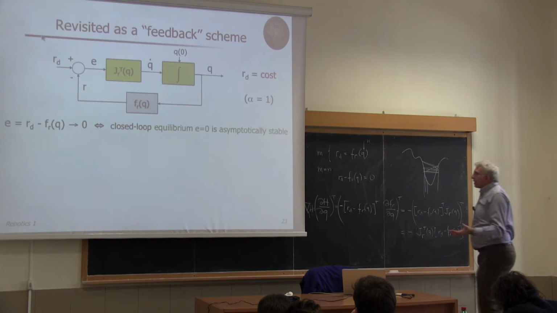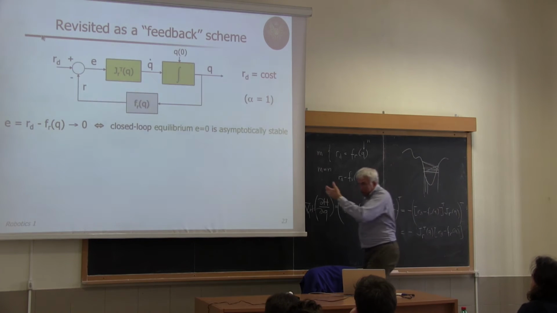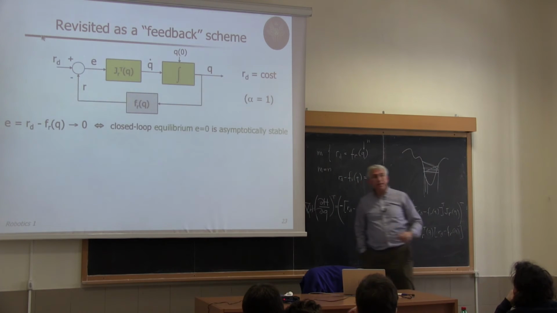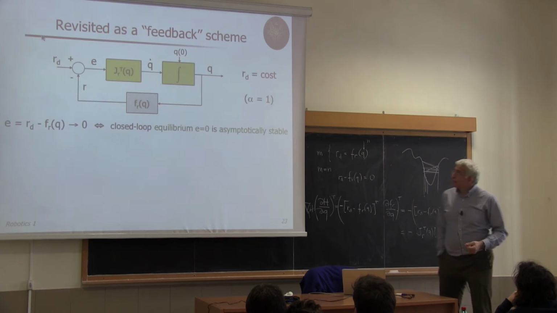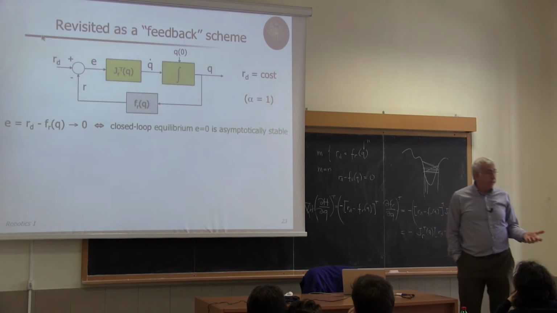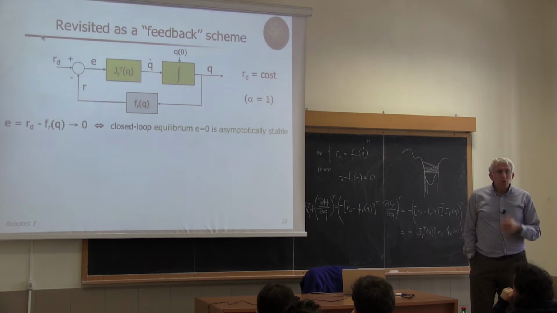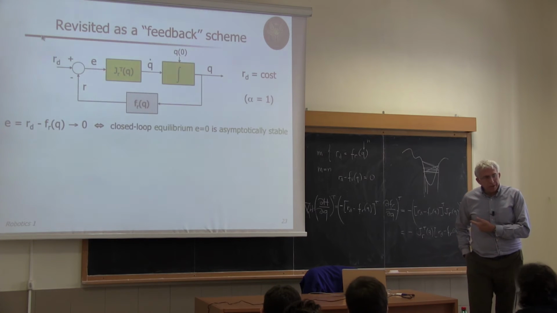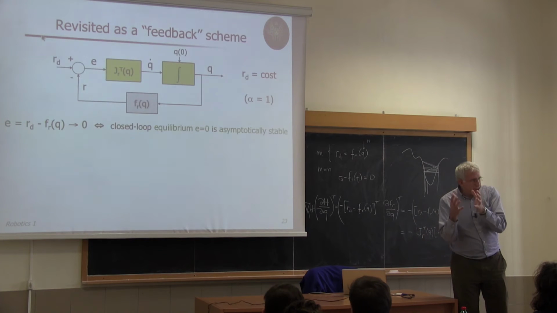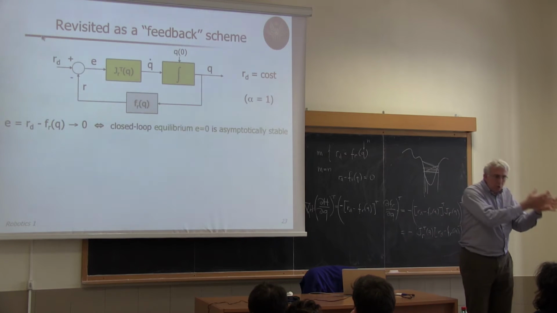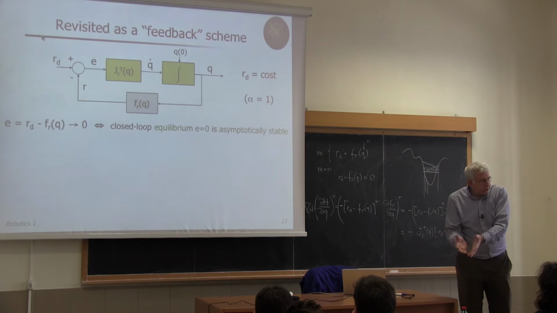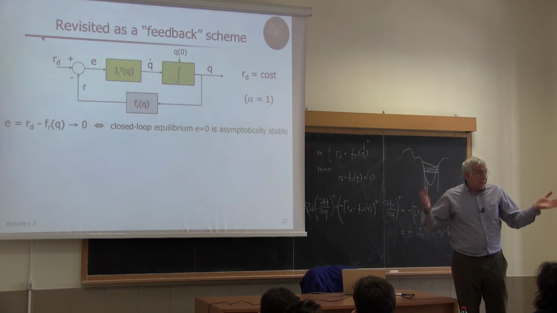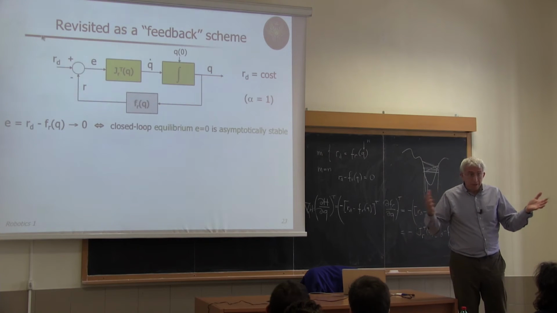In order to study this, it's not strictly necessary, but it's very nice to use this equivalence in terms of a feedback scheme. After all, both the Newton method and the gradient method are taking an error and trying to move the solution so that this error decreases, which is the task of any control based on feedback.